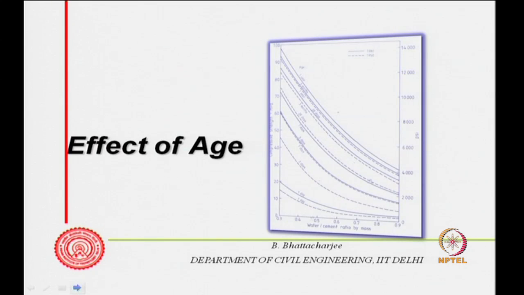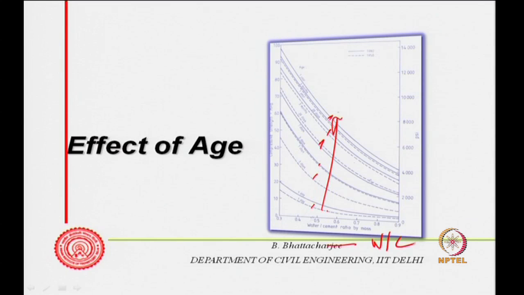Age, strength will vary with the age. For example, you have 1 day strength, 3 day strength, 28 day strength, and 1 year, and so on and so forth. So, as the age increases, compressive strength increases.